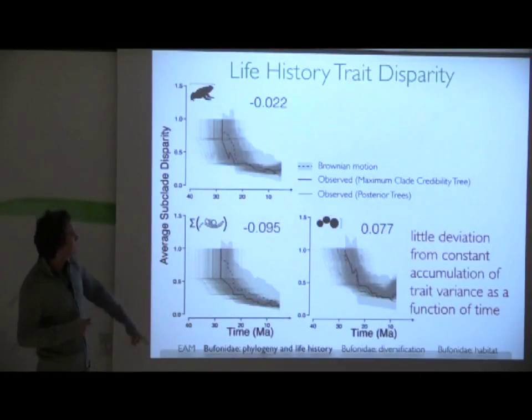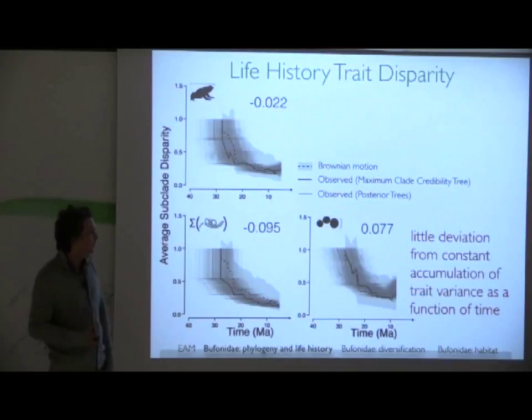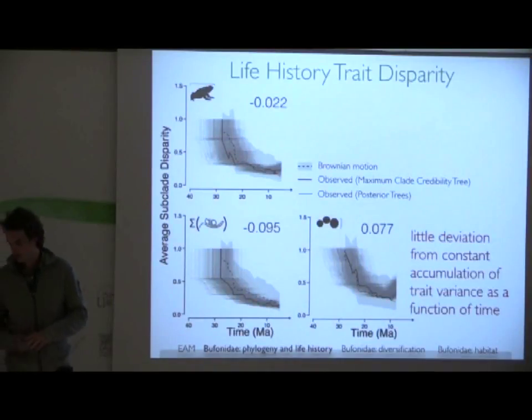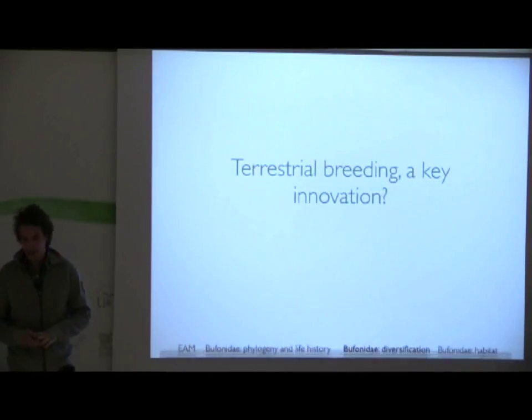So what you can see is that these indices, the comparison to the Brownian motion model, are all very close to 0. So there's very little deviation from this constant rate model. So again, we don't find any partitioning of our trait space across subclades. So that's interesting, but we weren't quite ready to give up yet.